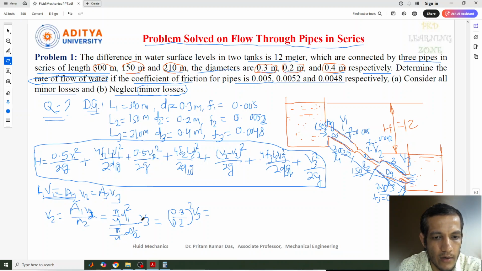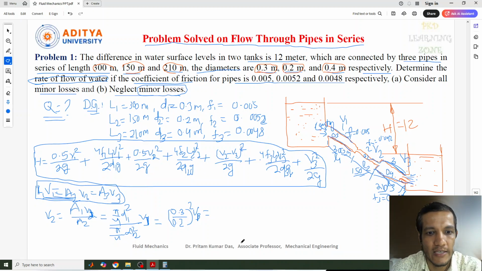This will be V1, not V3. Actually our target is to convert all these velocities into one single velocity, because single velocity values are not given. So by considering the continuity equation, we can convert all these velocities into a single velocity.